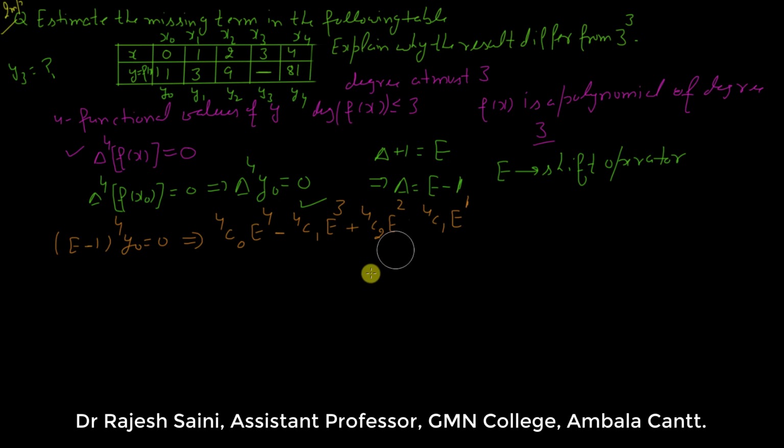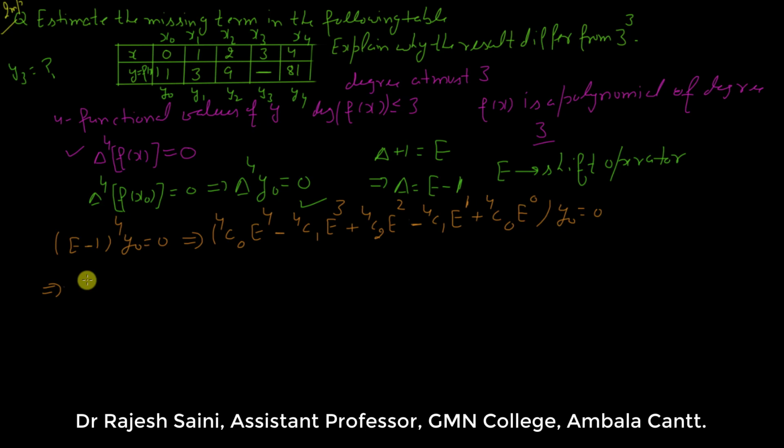So here will be minus, and next will be plus 4C0, and this will be E^0, and outside will be y0 equal to 0.